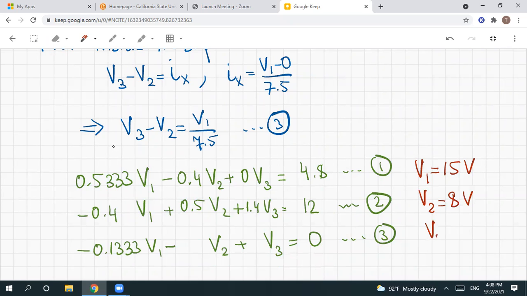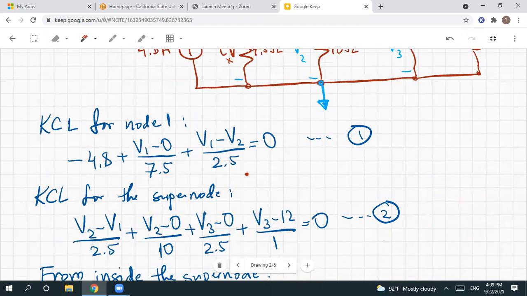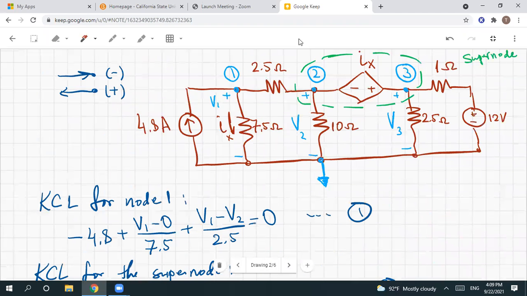And V3 is equal to 10 volts. So this is the solution if you use matrix algebra or Cramer's rule to solve, or even your scientific calculator. So this is the answer for this question.